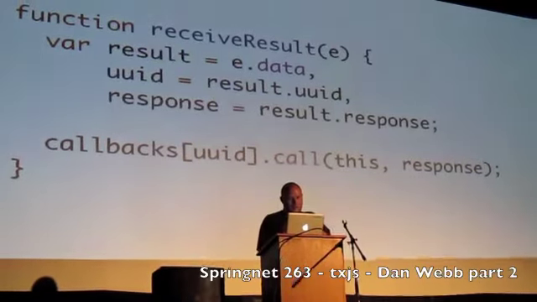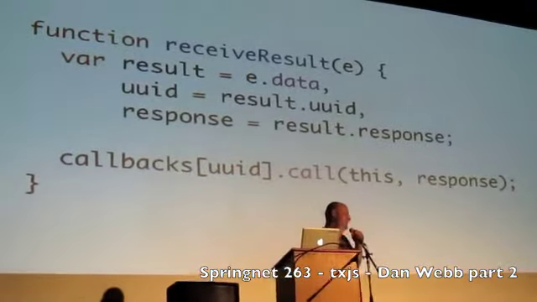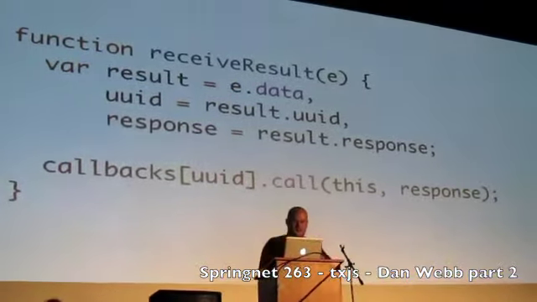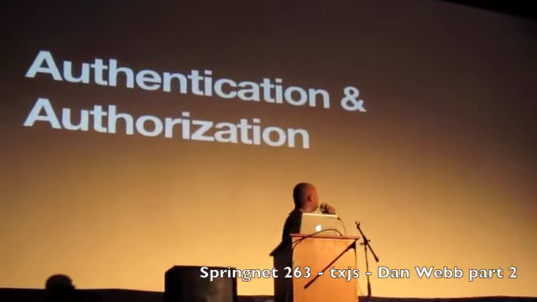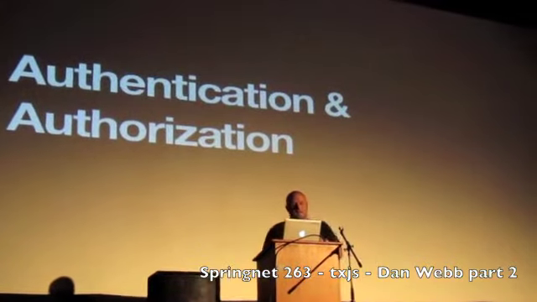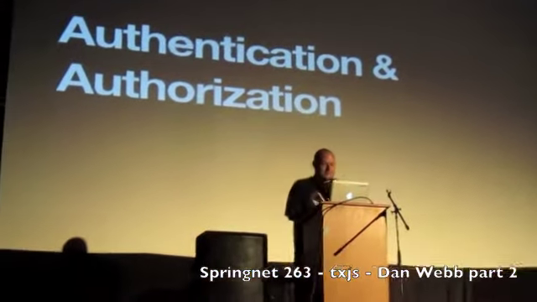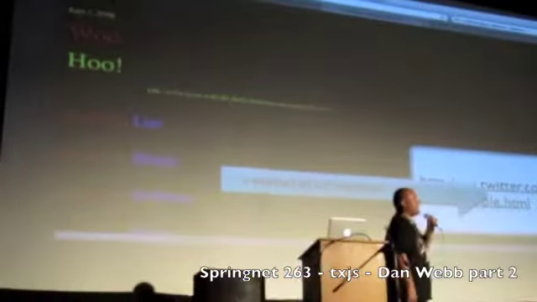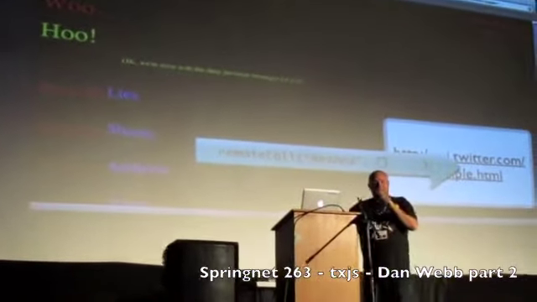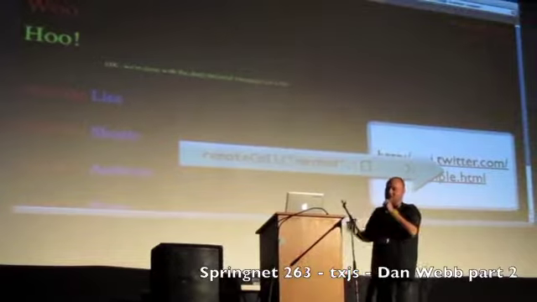So after we have this working and we're able to make calls and receive responses over that domain, we need to get onto authentication and authorization. And the typical scenario is this. In the previous examples, we have a site like Twaudio that is a trusted client, and that's fine.